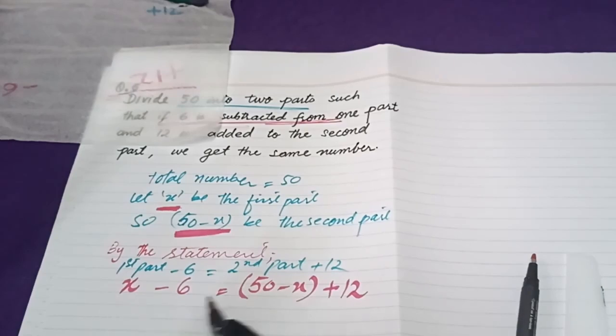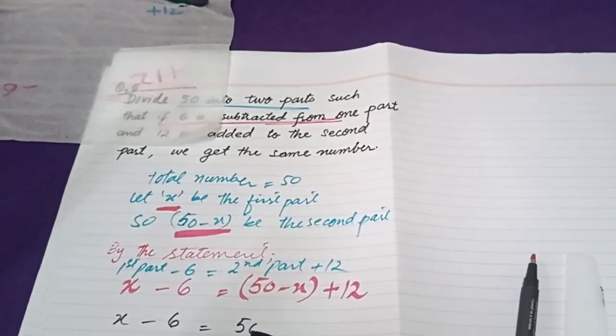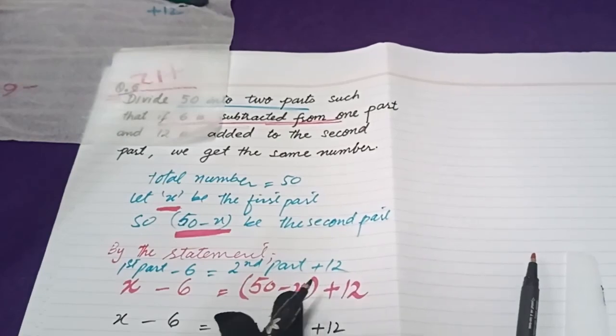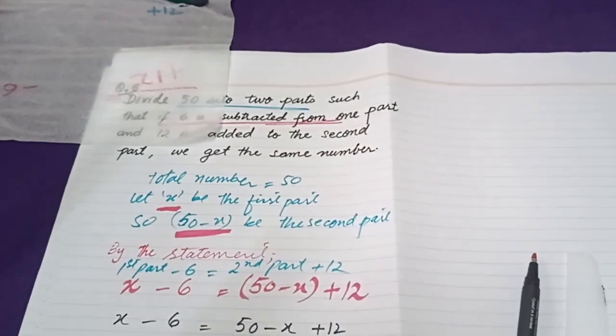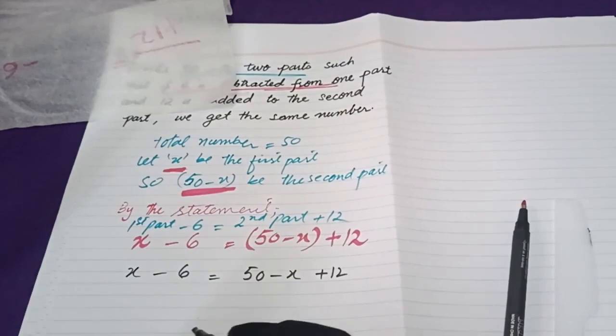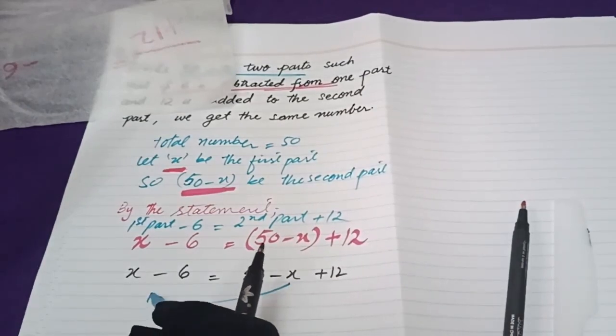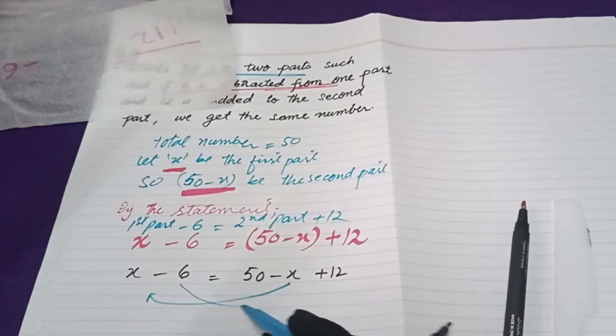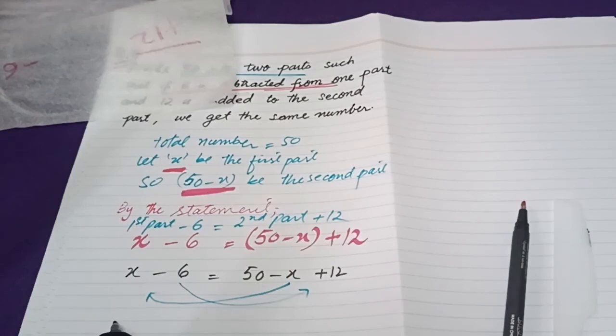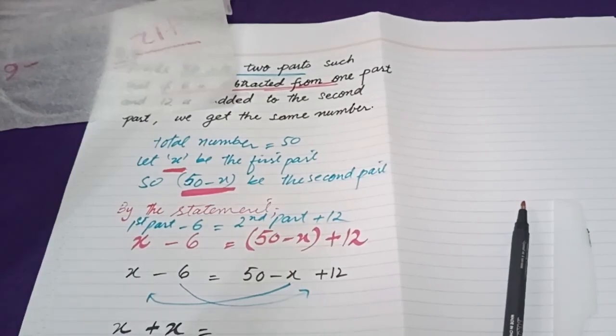Okay, so first open the bracket. x minus 6 equals 50 minus x plus 12, because there is no number outside, so directly we can open it. Now connecting the like terms together means x will be shifted on this side and minus 6 will be shifted on the other side. In this way this x is shifted on this side, it will become positive x.